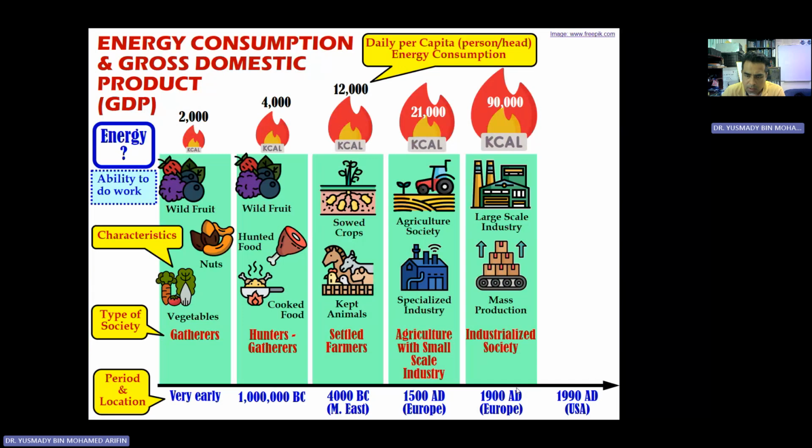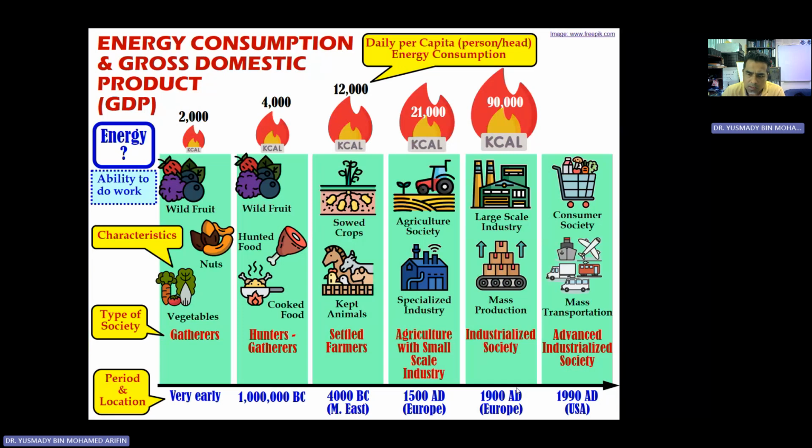And the last one, in 1990 AD in the USA, they already had an advanced industrialized society. They focused more on consumer goods, a consumer society, and involved mass transportation in order to distribute the consumer goods. So at this time, we have a drastic increase in energy consumption, estimated at 250,000 kilocalories.